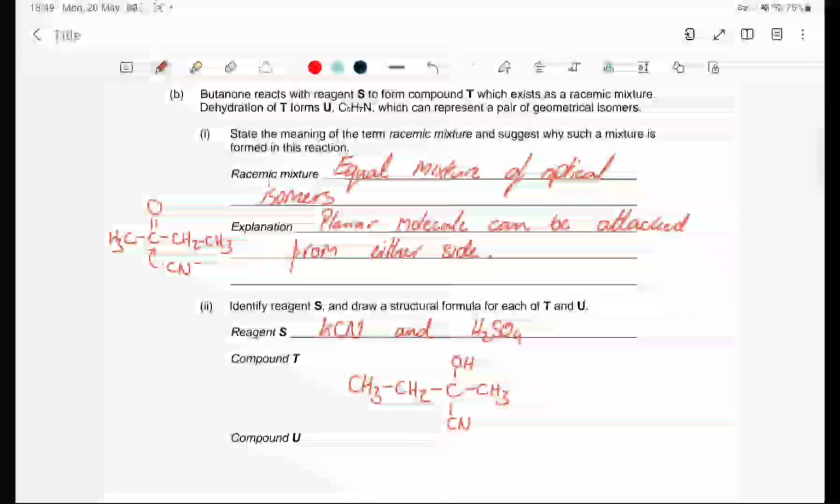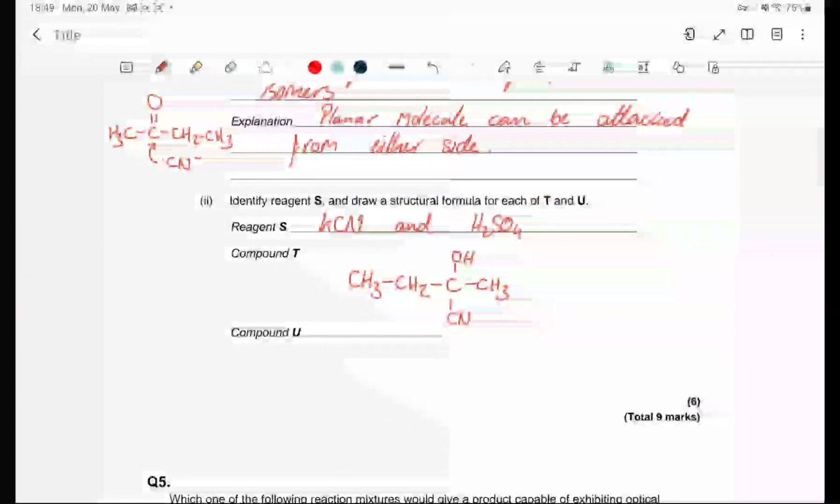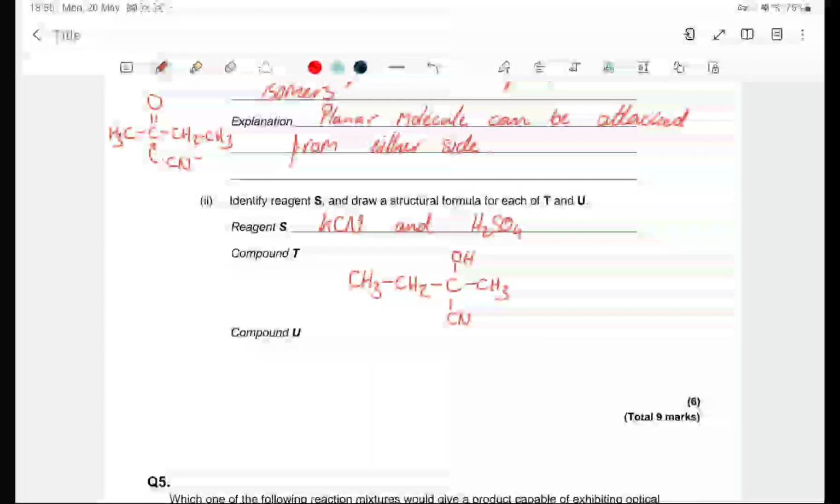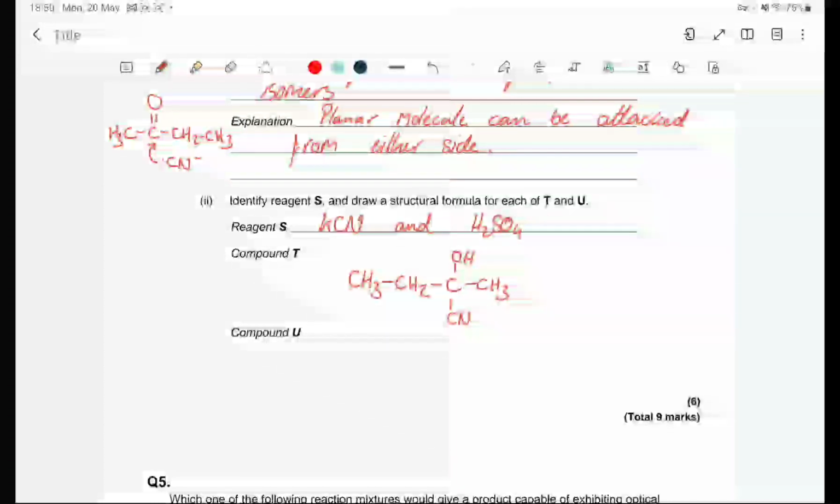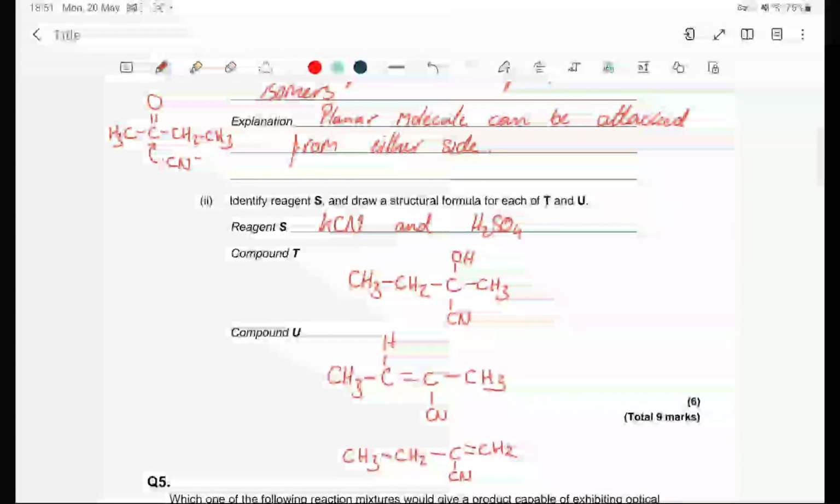It has also told us that it's a dehydration reaction, so we're dehydrating an alcohol, which means we're going from an alcohol to an alkene. Now, of course, there are 2 possible ways to form this alkene, because we've got 2 adjacent carbons to the carbon with the OH on it, and either one of those can get involved in the dehydration reaction. So we've got 2 potential structural formulae, which will look like this.